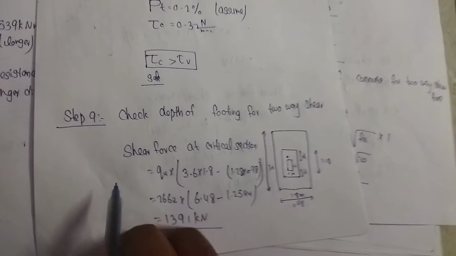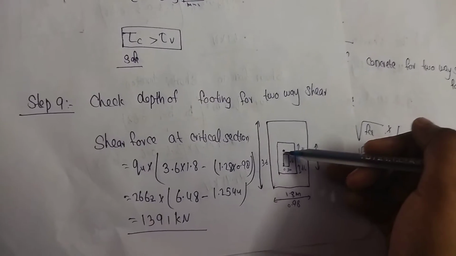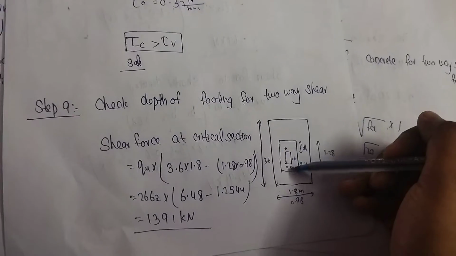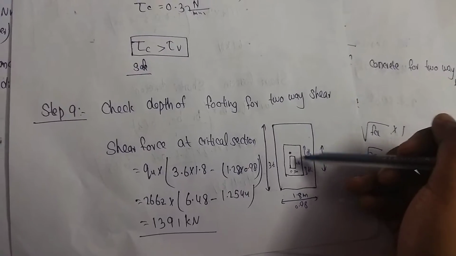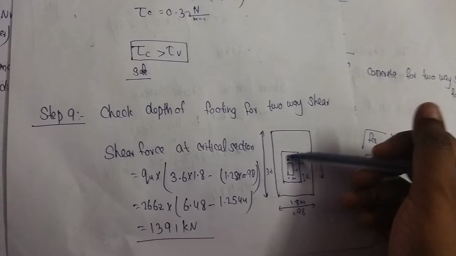Then two-way shear stress and force at the critical section. We know that this is the portion of the column and this is the footing. Between these two there is a critical section.